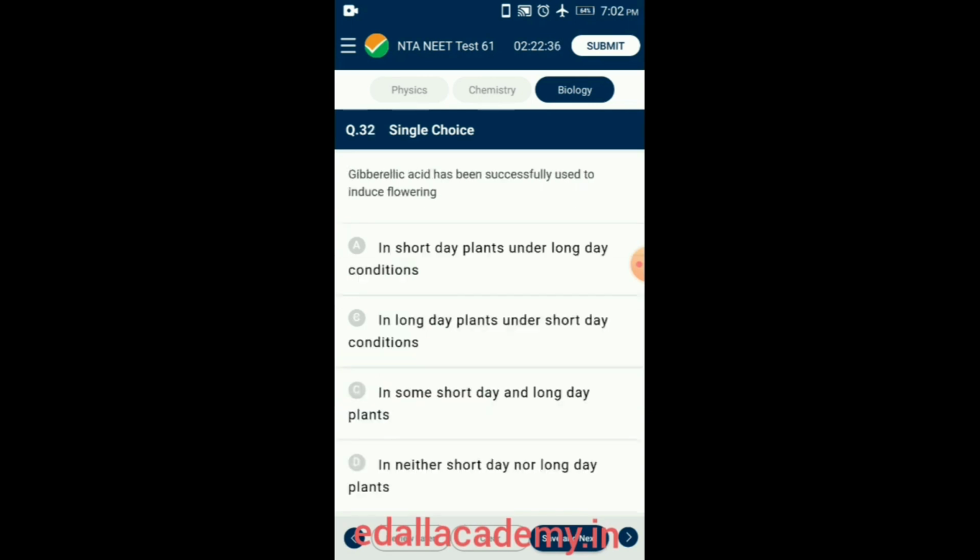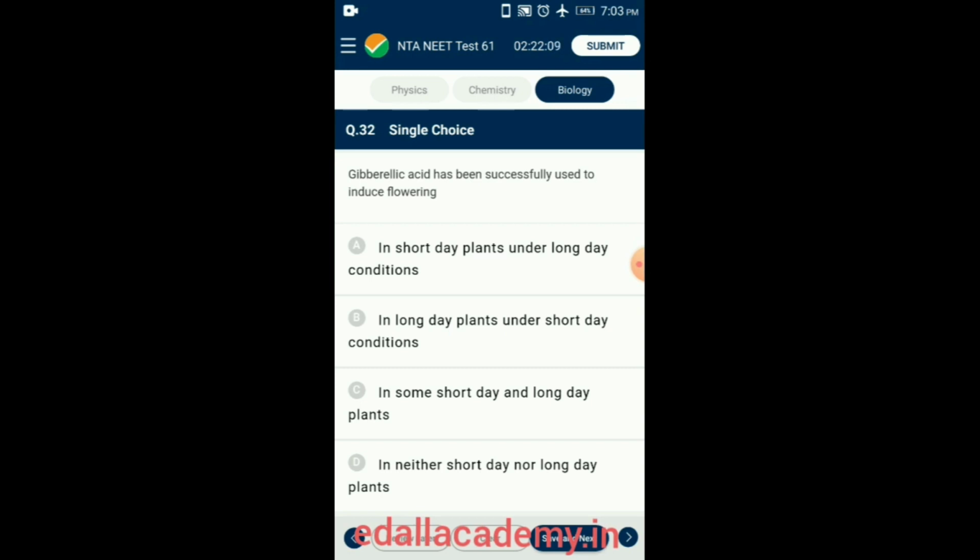Question number 32. Gibberellic acid has been successfully used to induce flowering. Gibberellins produce a wide range of physiological responses in the plants. Their ability to cause an increase in length of axis is used to increase the length of grape stalks. Gibberellins cause fruits like apple to elongate and improve its shape.